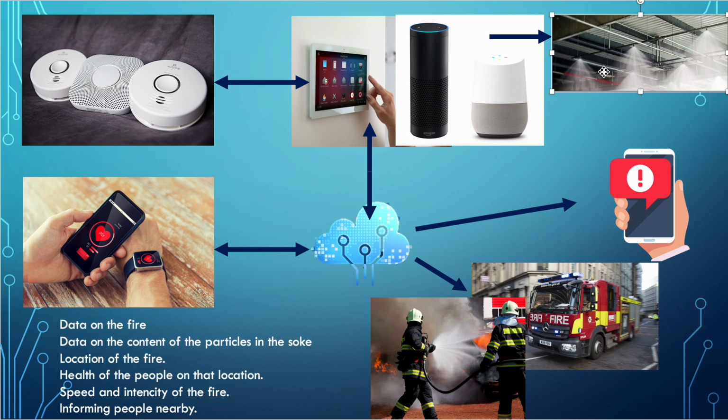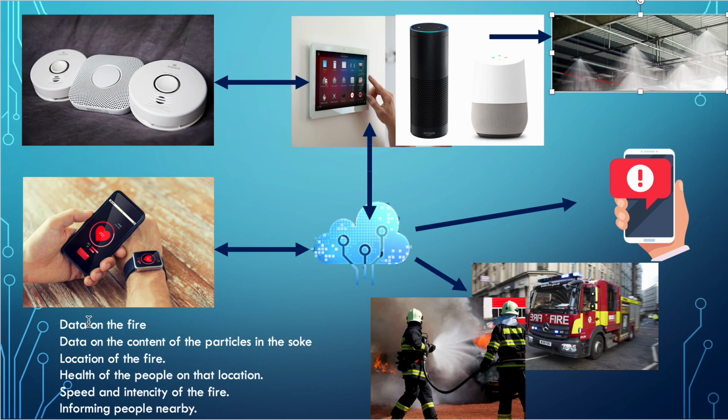At that particular point, only an IoT device or an IoT system, or only an IoT network can act the most efficiently and fastest to detect the fire, to inform the necessary parties about the fire, and to extinguish the fire as quickly as possible. So this is a good example of IoT, right?